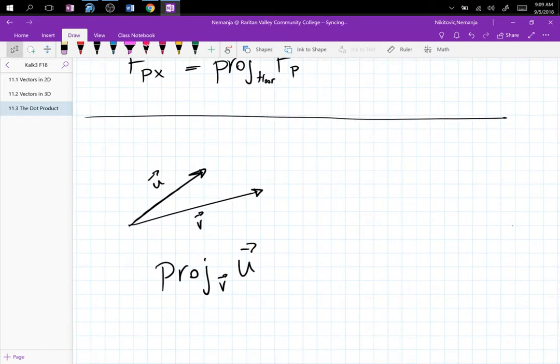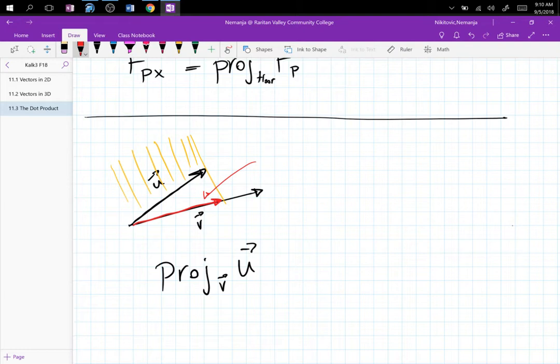Again, the way this is done is we shine the light onto vector u, and that will give me the projection of u onto v.